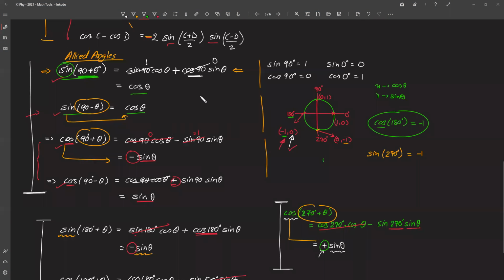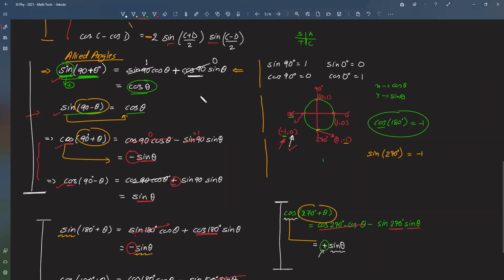In the second quadrant, sine is positive, right? We all know that in the first quadrant all are positive, in the second quadrant sine is positive, in the third quadrant tan is positive, and in the fourth quadrant cos is positive. So when you do 90 plus theta, you go into the second quadrant, and since the original ratio is sine, which is positive in the second quadrant, even this is positive.